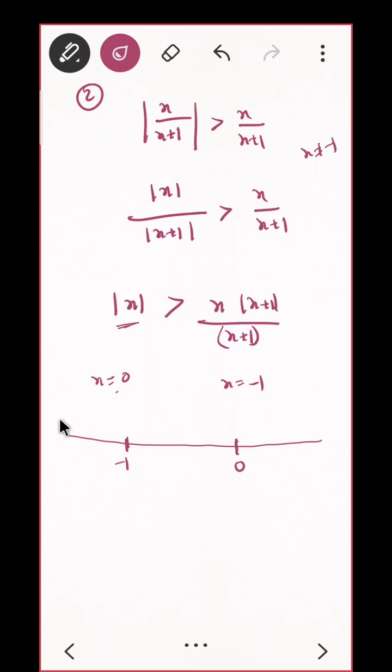यहाँ पे क्या रहेगा? X is negative. यहाँ पे x positive. X positive. And what about x plus 1?